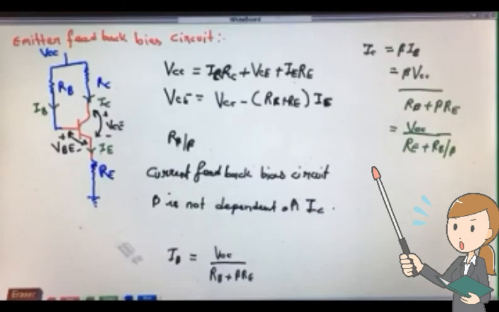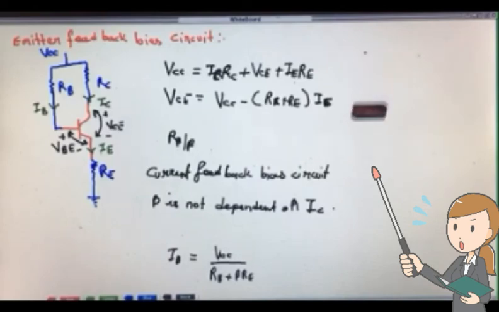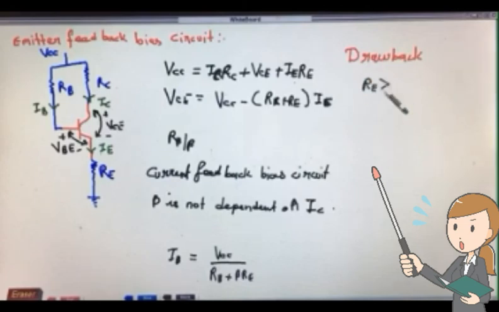Drawback of the circuit: in the circuit, if RE is greater than RB upon beta, collector current IC can be independent of beta only if RE is much greater than RB upon beta.